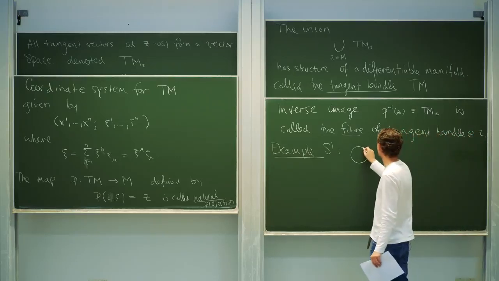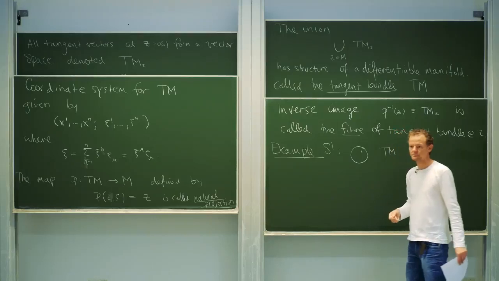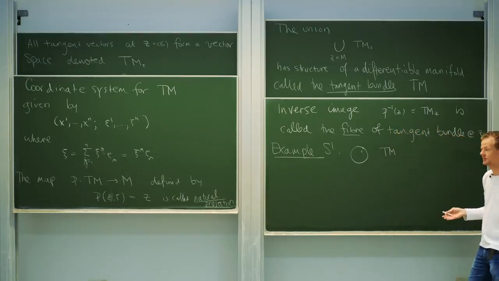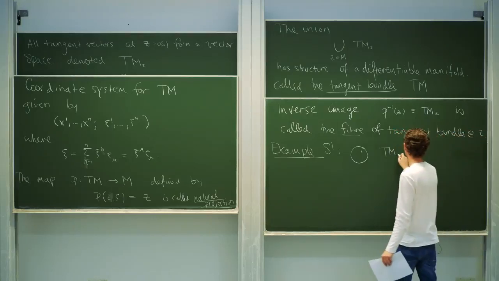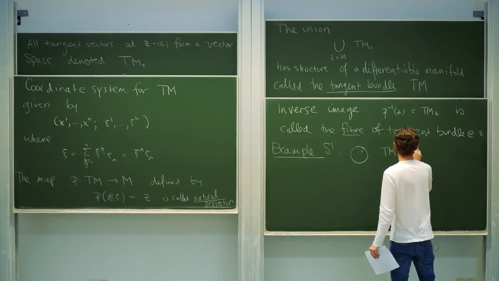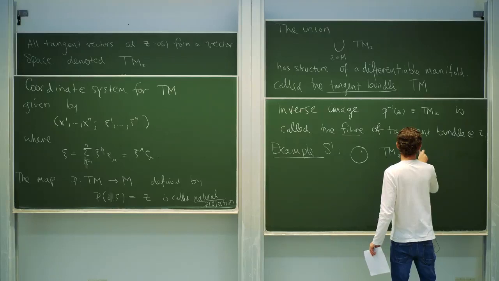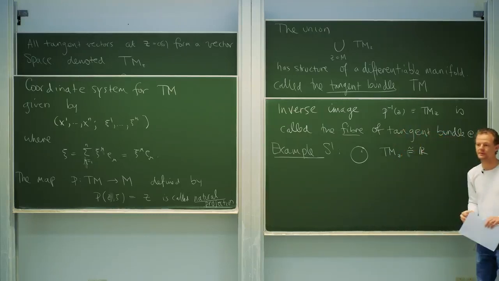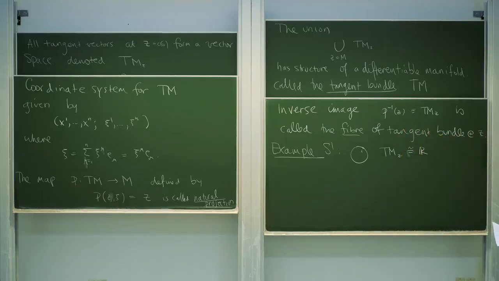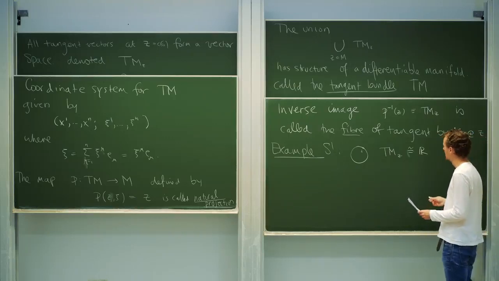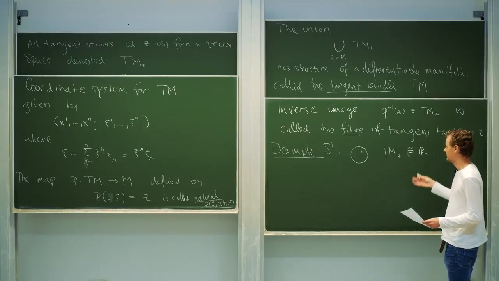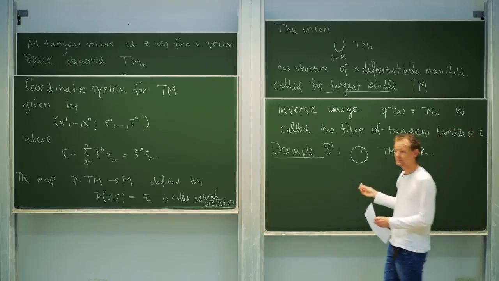At a given point in the circle Z, the tangent space is one-dimensional, isomorphic to R, the real numbers. And there's only one tangent vector because it's a one-dimensional vector space.